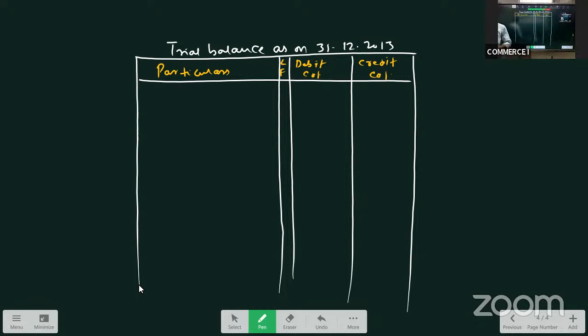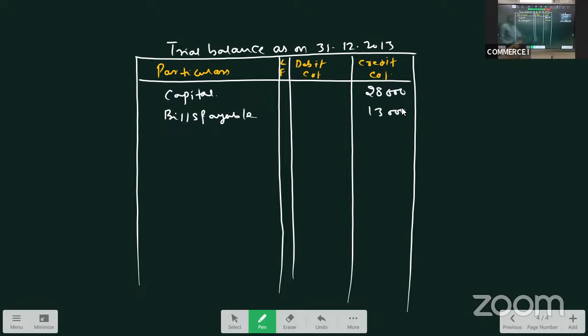Okay. So capital 28,000, I'll place in the credit column. Then bills payable is a liability. I'll place it in the credit column, 13,000. Next, bills receivable 9,000.